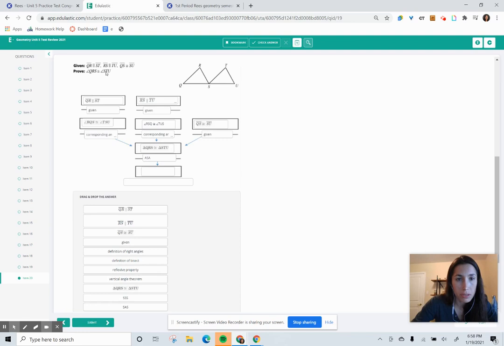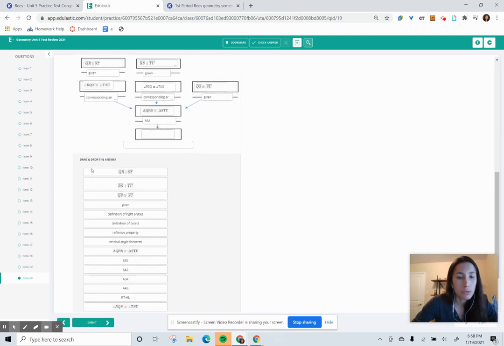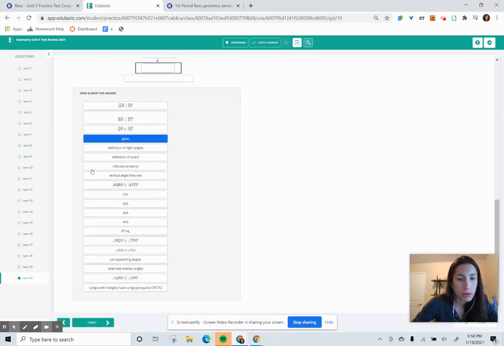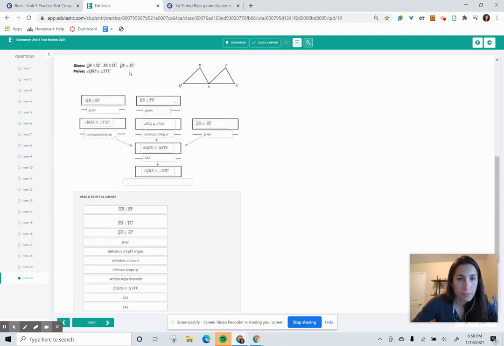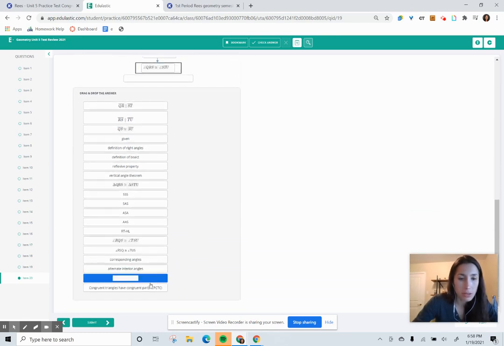So we're looking to prove these parts are equal. If the triangles are congruent, their parts are going to be equal because they're corresponding. So we'll do angle QSR and STU. This is the proof part, which always goes at the end of the proof. And that's because corresponding parts of congruent triangles are congruent, CPCTC.